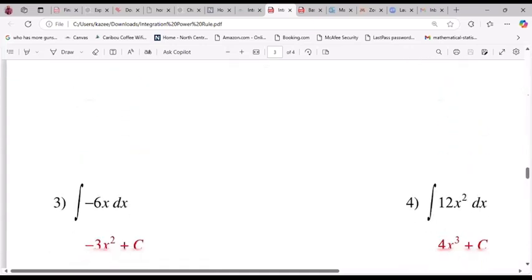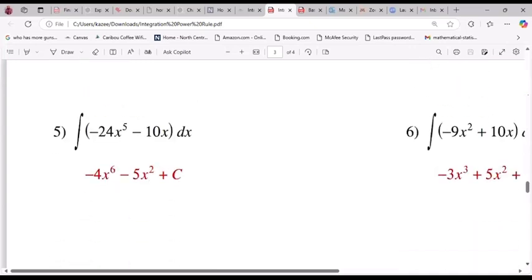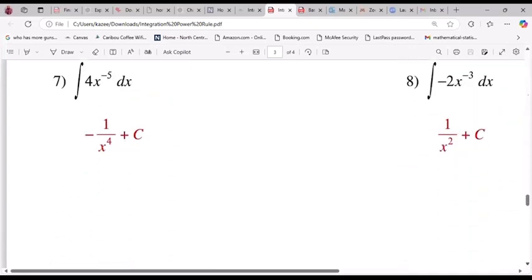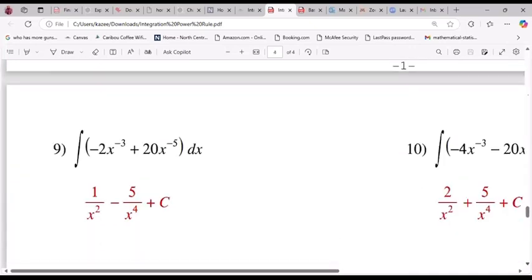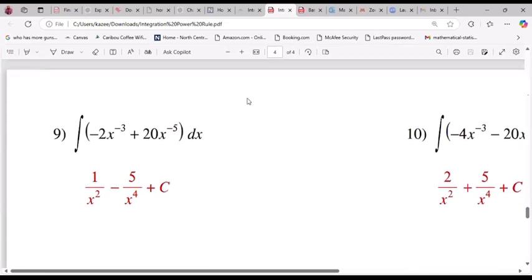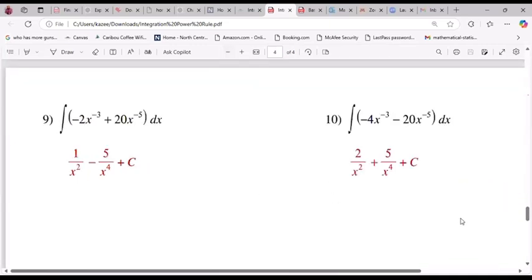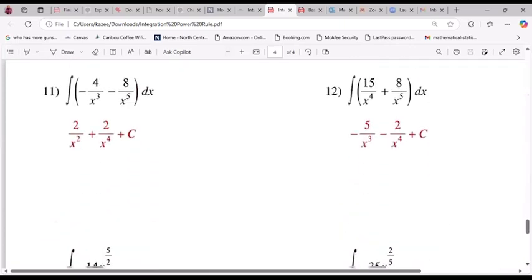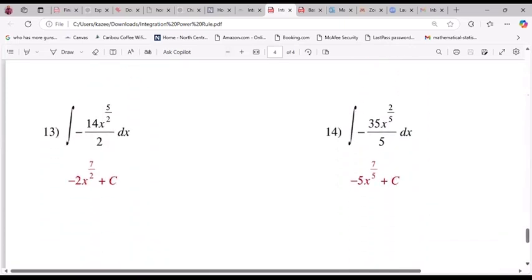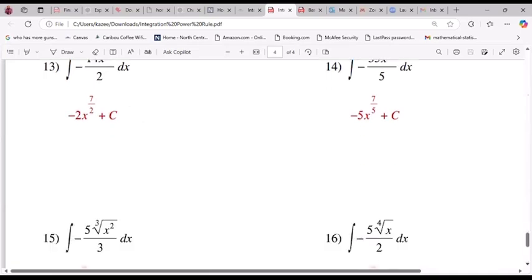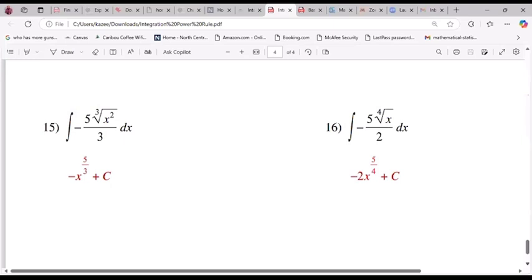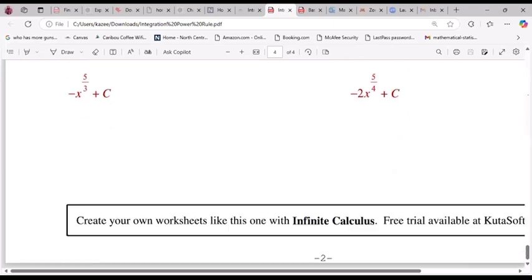Those are your corresponding answers, and they're very easy to navigate, like I said the other time. Take a look at that. You can decide to try them out, and of course you'll see the kind of answers you're going to get. So you can decide to check.